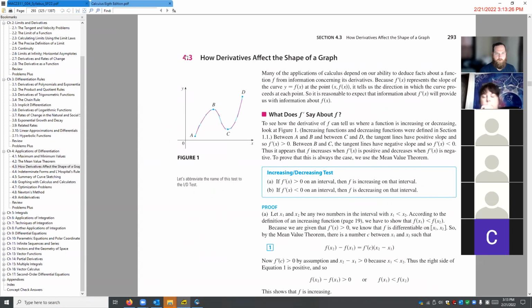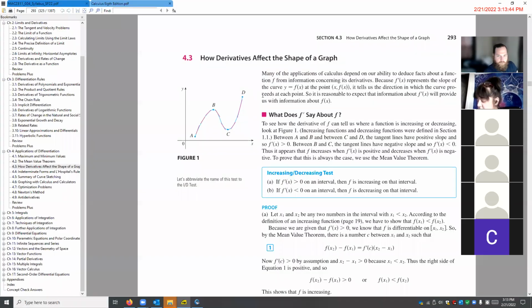So 4.3, sorry, not 4.2, 4.3, how the derivative affects the shape of the graph. Affect or effect? Oh, this is one of my bad ones. Affect. Okay, yeah.